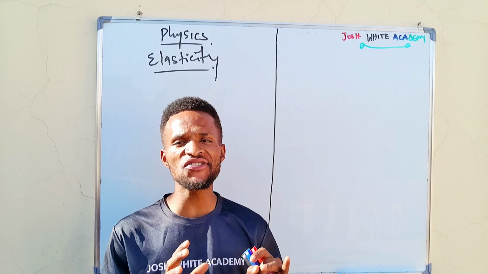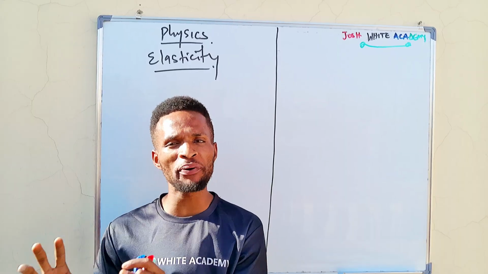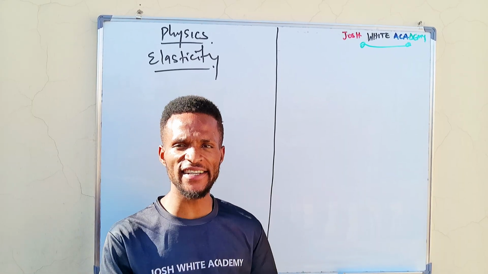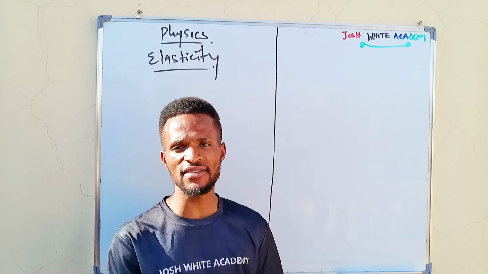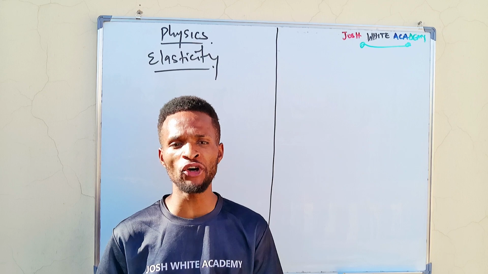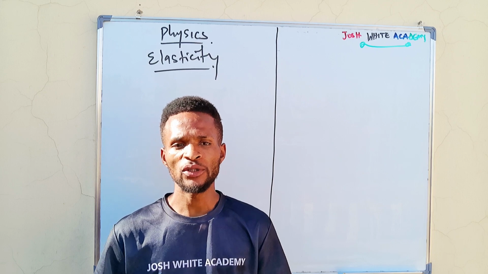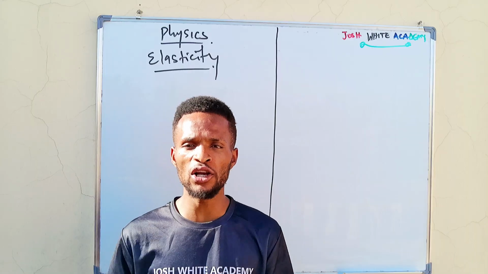A body is said to be elastic if after being compressed or extended and released, it returns to its original size or length. Now we will be explaining this phenomenon with a law called Hooke's Law.